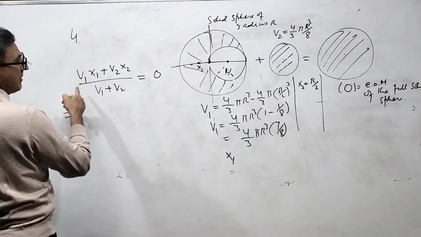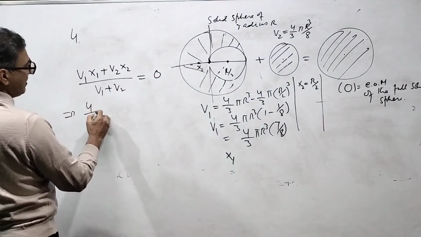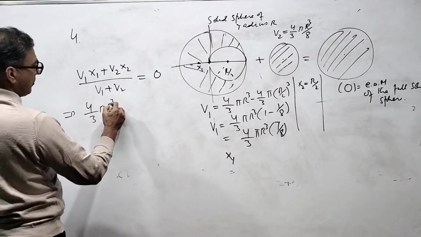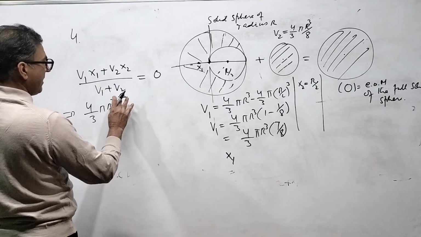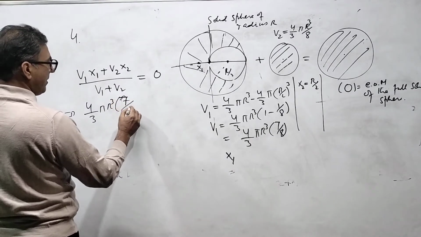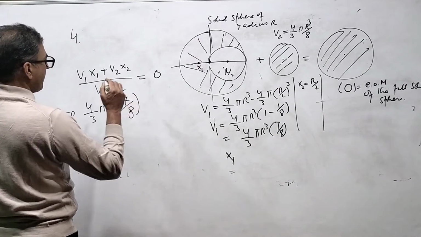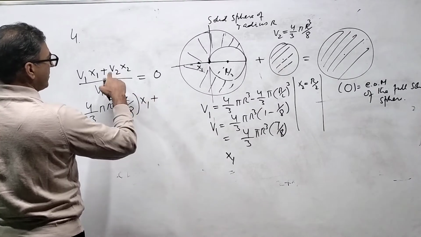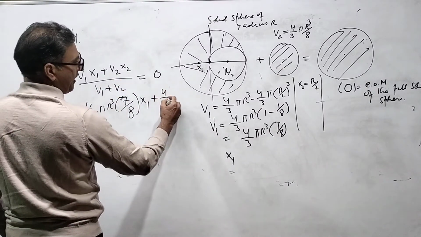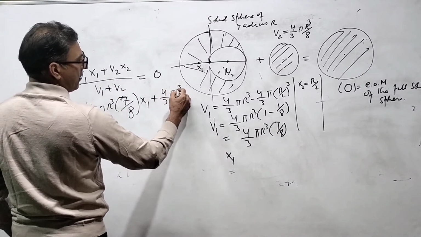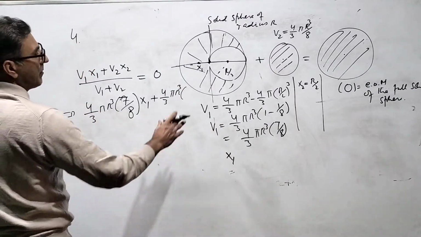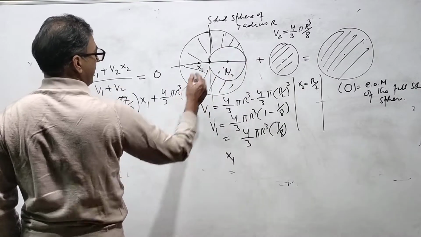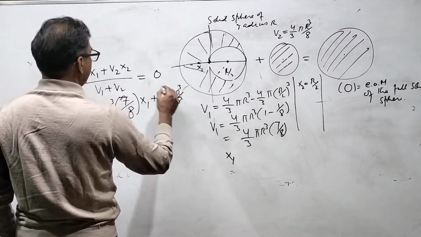So what is V1? That is 4/3 πr³ times 7/8, times x1, plus, what is V2? That is 4/3 πr³ times 1/8, times x2.